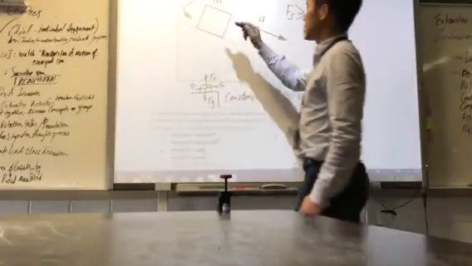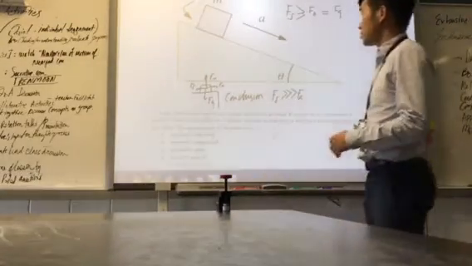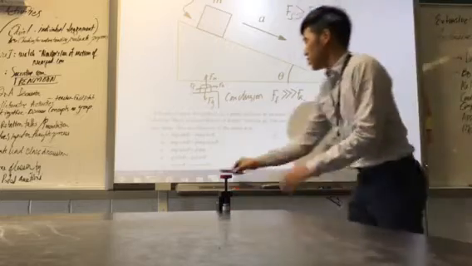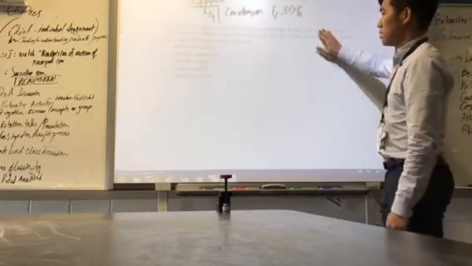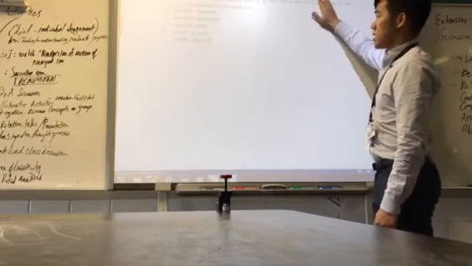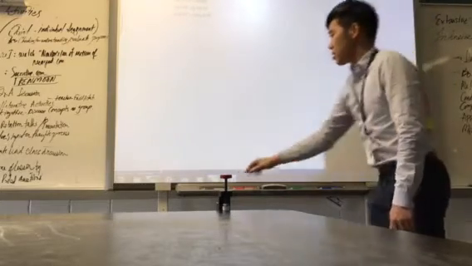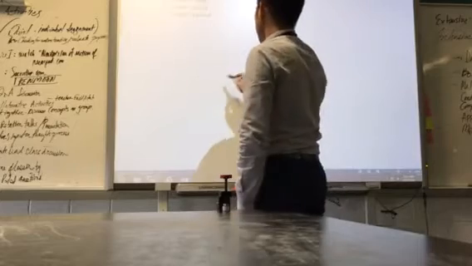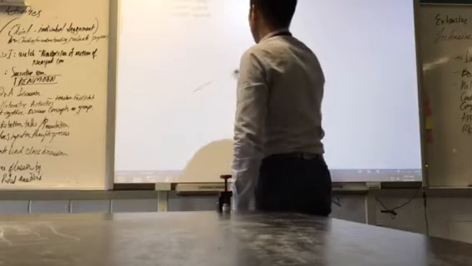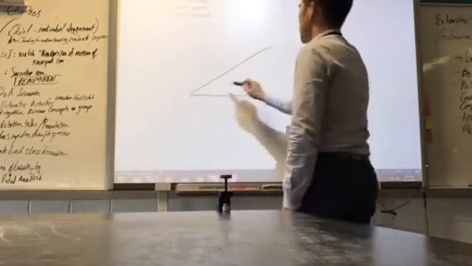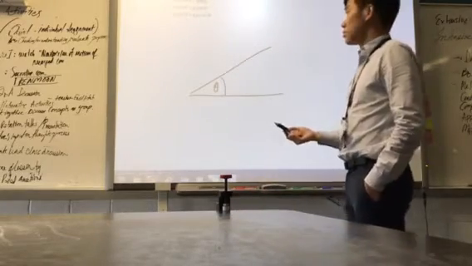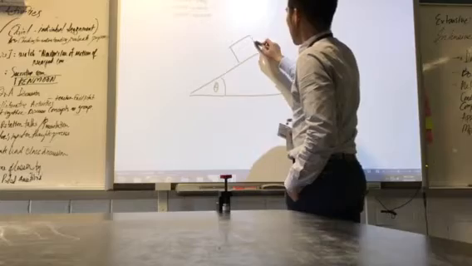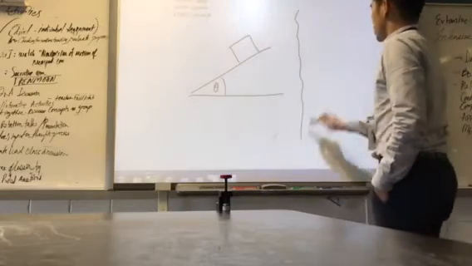I'm going to go right here so we have more space, and draw the same one, but this way. It's the same thing. It's an incline, and it can be any angle. So I'm going to draw the box. I'm doing two different scenarios right here.